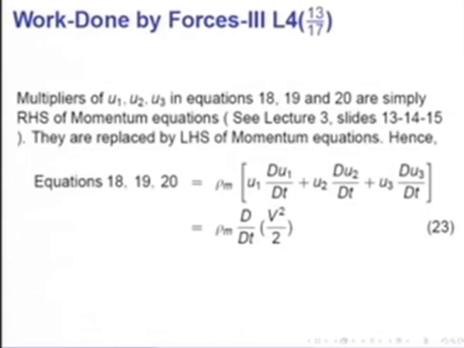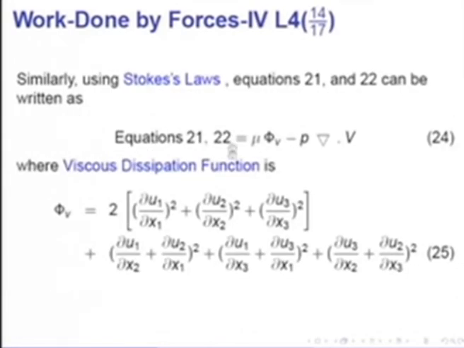You will see that that term would be simply mu phi v minus p del dot v, where phi v is called the viscous dissipation function, and it would take the form 2 times du1 by dx1 squared, which arises from tau 11, du2 by dx2 squared, du3 by dx3 squared and so on and so forth.